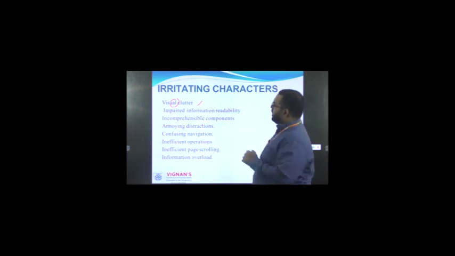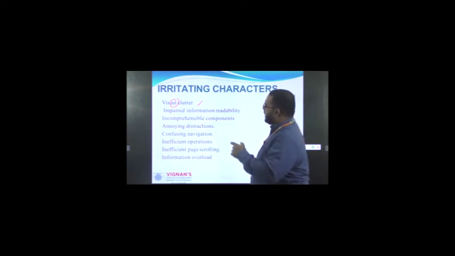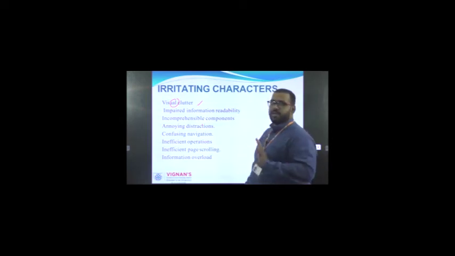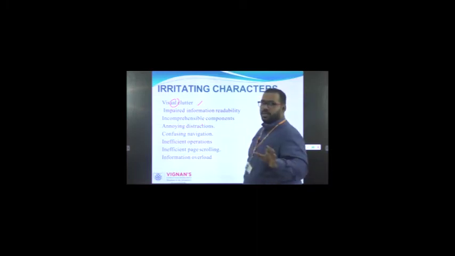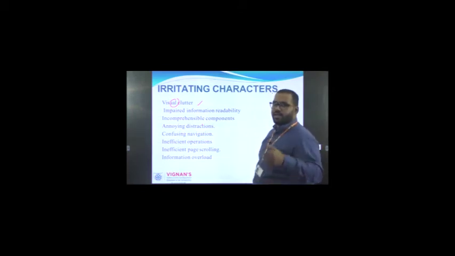Then you can see "VIS" and "LUT ER", which doesn't give you a meaning. If this clutter occurs in the design, or after the design is over, then it will definitely affect the usability of the particular model.